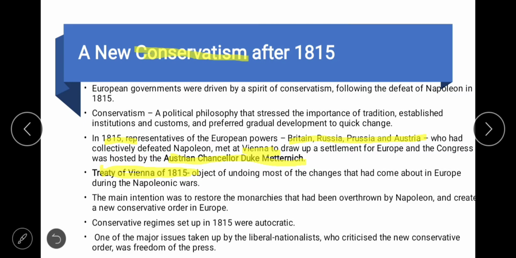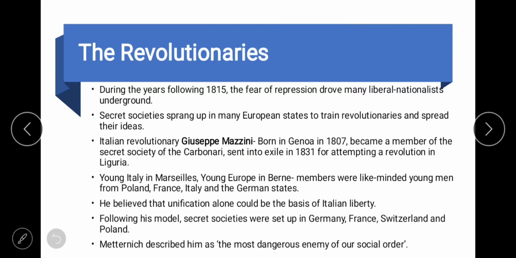And one among the major issues taken up by the liberal nationalists who criticized the new conservative order was the freedom of the press. The autocratic governments started curbing such activities that questioned their legitimacy.